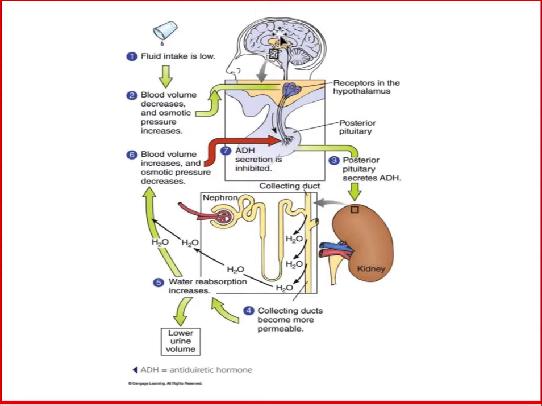That is sensed by your hypothalamus, which tells your posterior pituitary to release antidiuretic hormone, or vasopressin, and that causes water channels, or aquaporins, to transport to the collecting duct of the kidney.